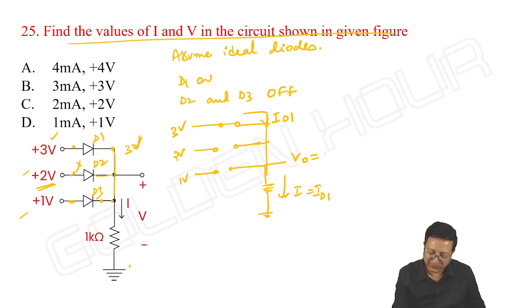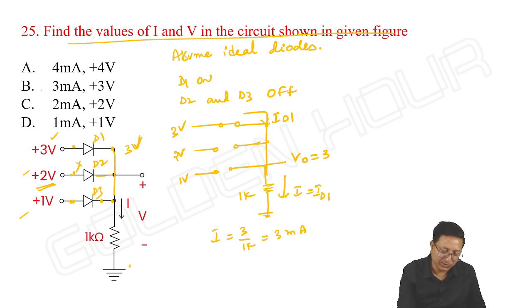The output is equal to 3 volts. It is 1K. I is equal to 3 by 1K, 3 milliampere. So 3 volts, 3 milliampere. I and V. This is the idea.